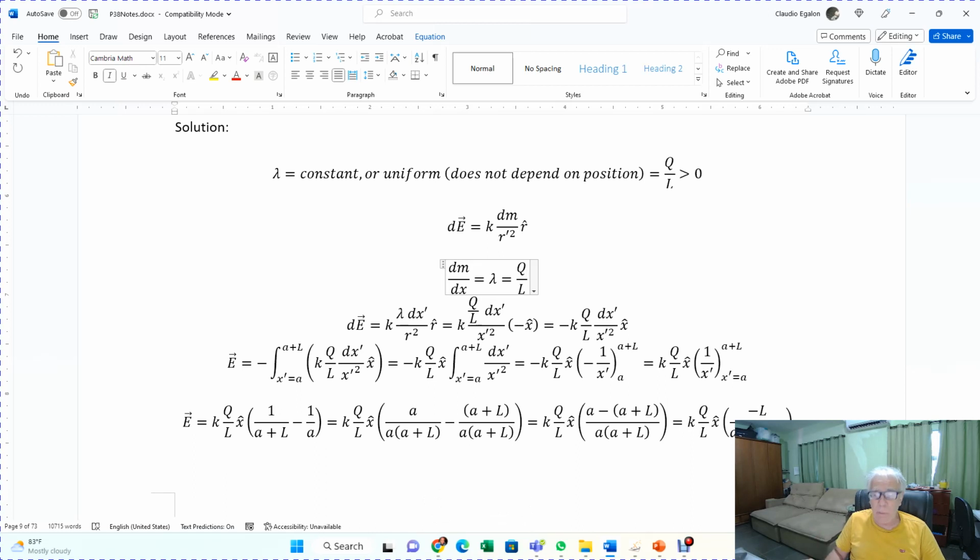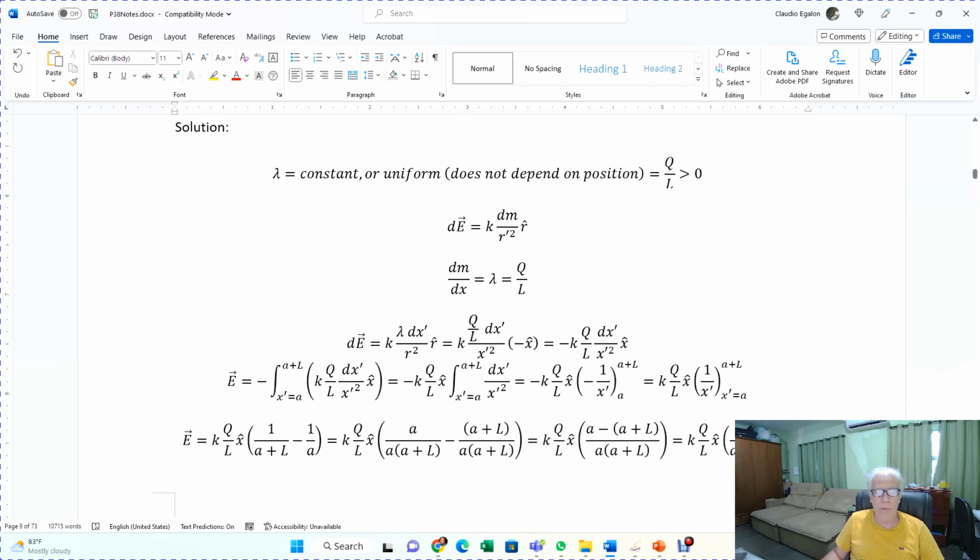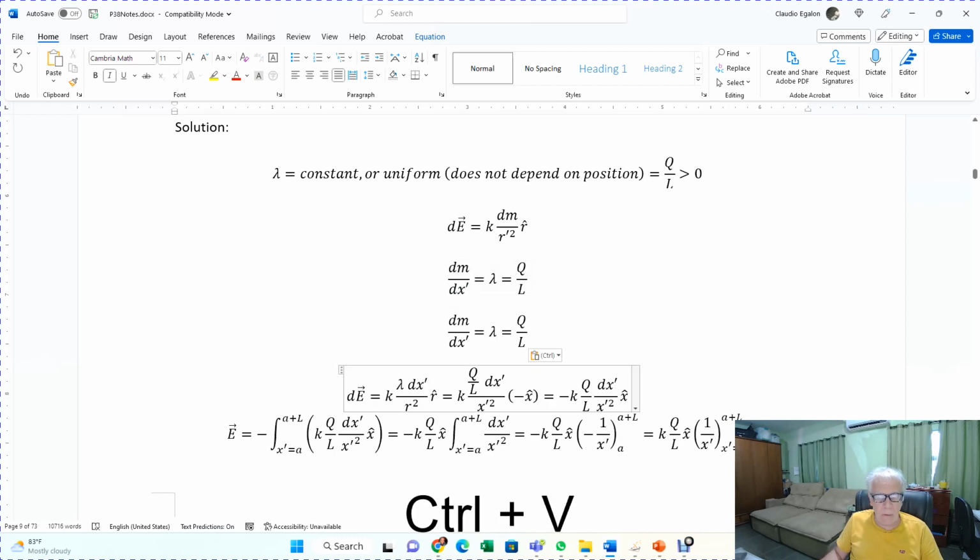Remember, we're doing the uniform distribution problem. We're not doing a non-uniform distribution problem. In the case of a non-uniform distribution, this lambda here would be variable along the length, would be a function of x prime along the length of the rod. So here you go. What you do here is simple. Oh, by the way, I should write down dx prime, because it is infinitesimal lengths along the rod.